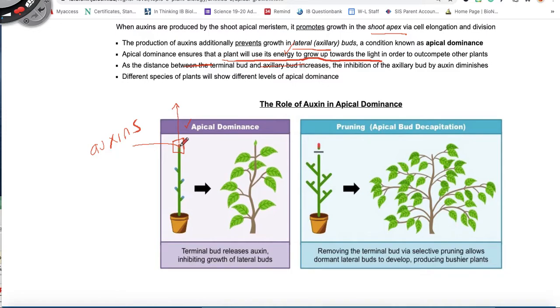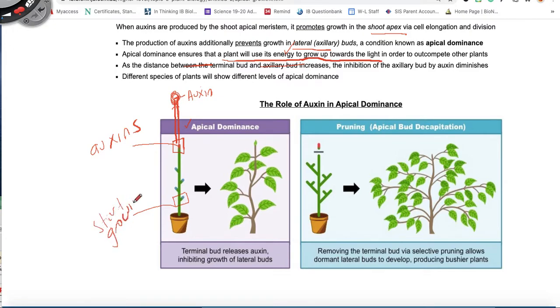Now, as the plant grows taller and taller, let's say now the plant is this tall, and the auxin accumulation is up here in the apical dominance. Well, now the distance between where the auxin is, up here, and, let's say, this part of the plant, is a greater distance. So now this section of the plant is going to start growing more.